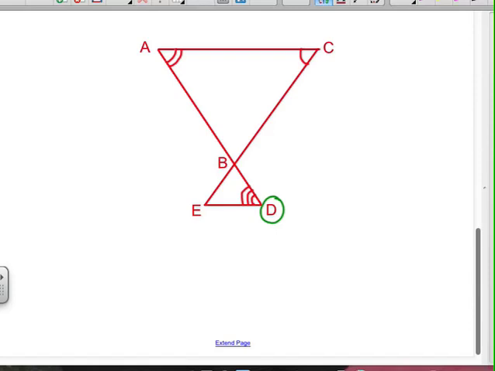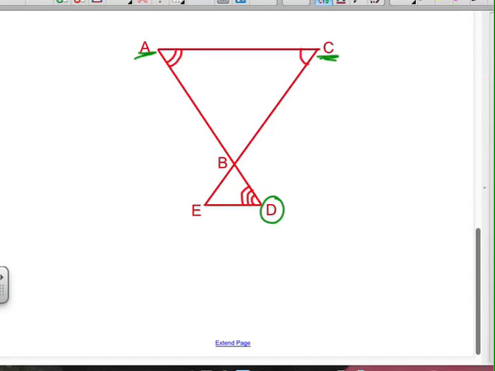Well, either way, D should match up. Angle D has 3 arcs. If you say it matches up with angle A, does angle A have 3 arcs? No. Does angle C have 3 arcs? No. And remember that in similar figures, the corresponding angles are the exact same degrees.